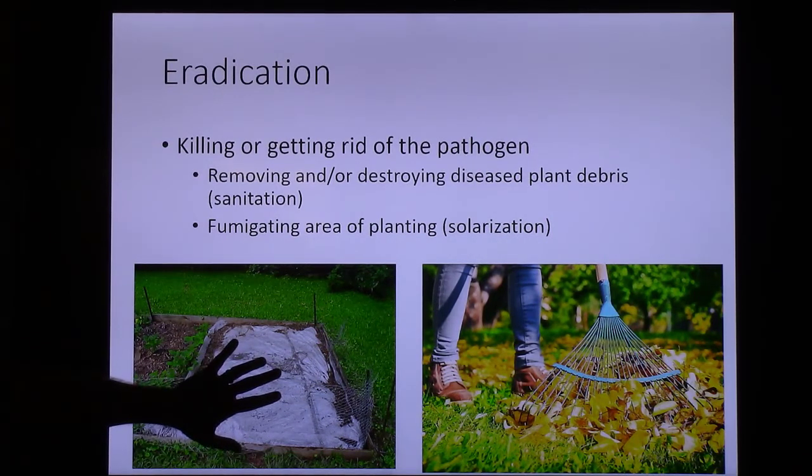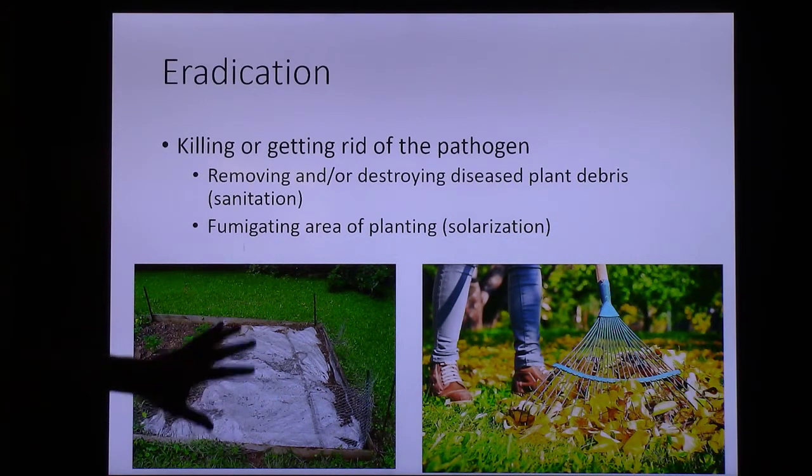Before you put the plastic down, you want to wet the soil. Put that plastic on, seal the edges, and you want to do this typically in June, July, August in the heat of the summer. That sun will bake this soil.